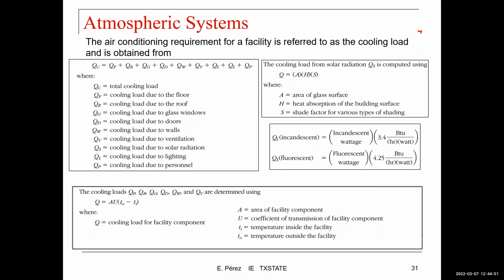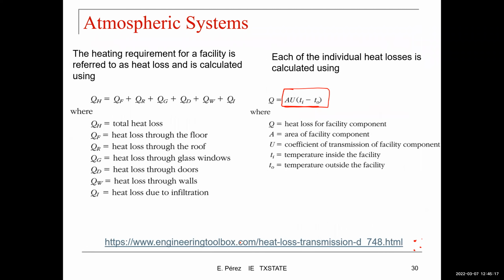For air conditioning requirements for a facility, we have this expression to compute the cooling load. Here we are considering some additional components, such as the ventilation, radiation, the lighting, and the personnel. For the cooling, we are using the same expression for these components.